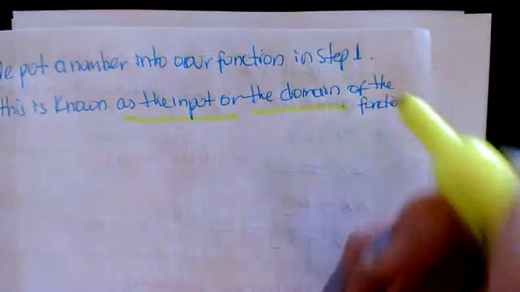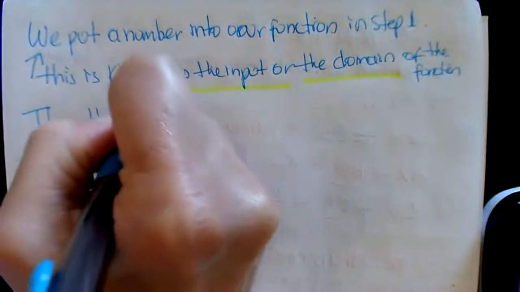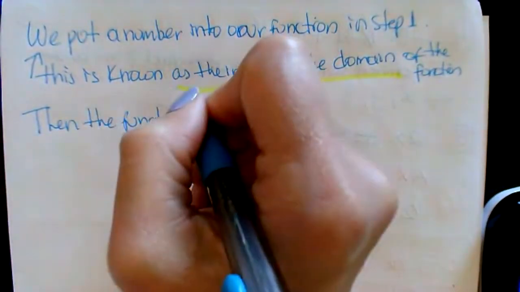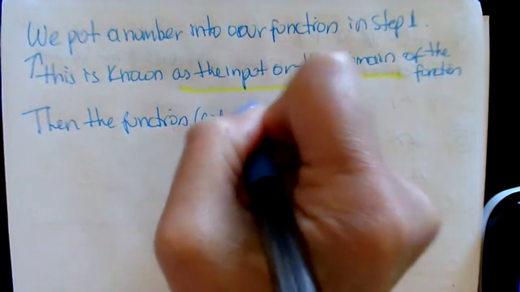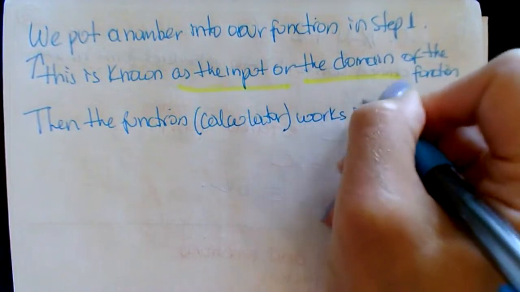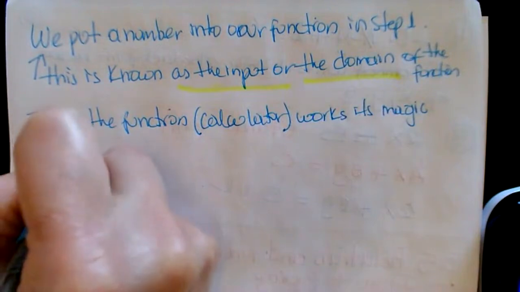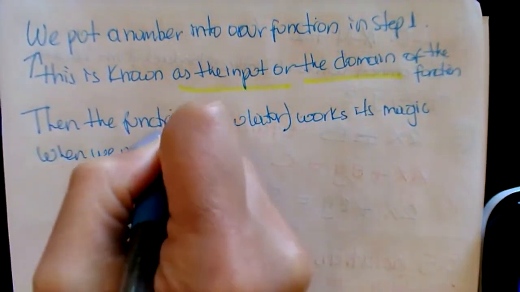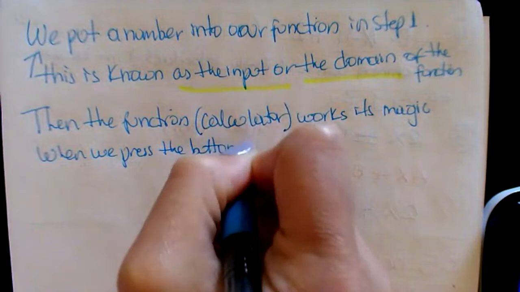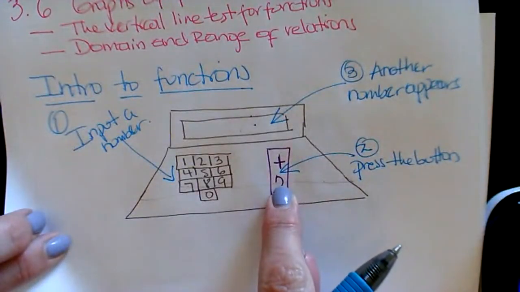Now, after that, what happened? Then the function, in this case the calculator, works its magic when we press the second button in step 2, right here, when we press this button. And what happened?